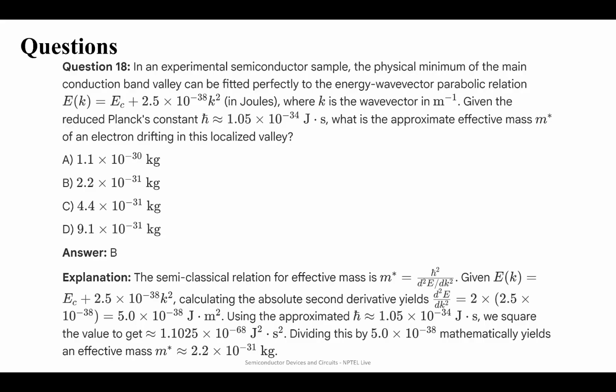Now we use h bar equals 1.05 times 10 power minus 34 and square it, we get 1.1025 times 10 power minus 68 joule square second square. Now dividing 1.1025 times 10 power minus 68 by 5 times 10 power minus 38, we get m star equals 2.2 times 10 power minus 31 kg. So the correct answer is option B, 2.2 times 10 power minus 31 kg.